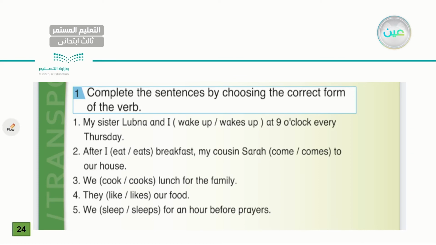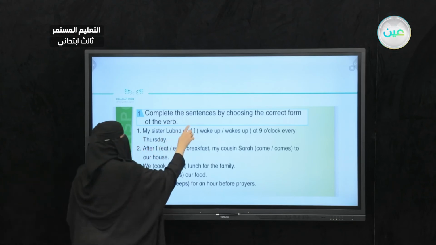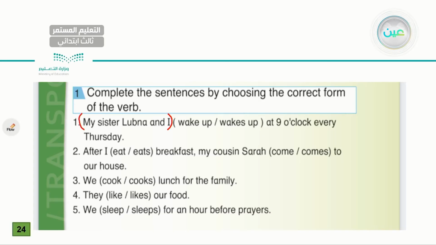And instead of writing my sister Lubna and I, we can replace all these with the pronoun we. Very good. So because we picked we, the answer is, what do you think the answer is? Wake up. My sister Lubna and I, or we, wake up at 9 o'clock every day.